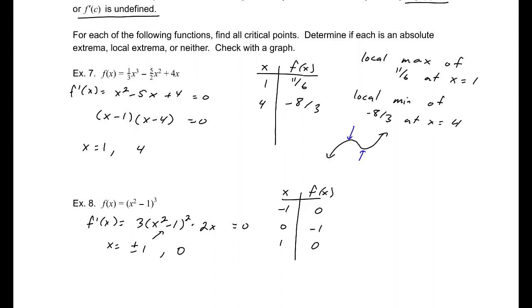All right, so we know we have a local maximum of 0 at x equals -1 and 1. Now, that may seem strange because we have 2 values there.